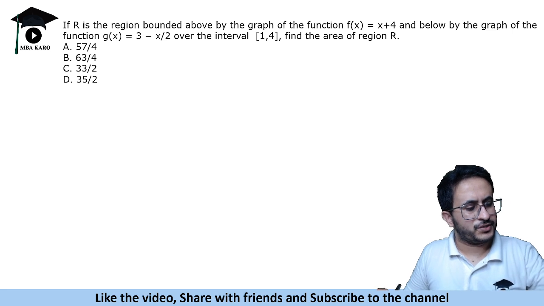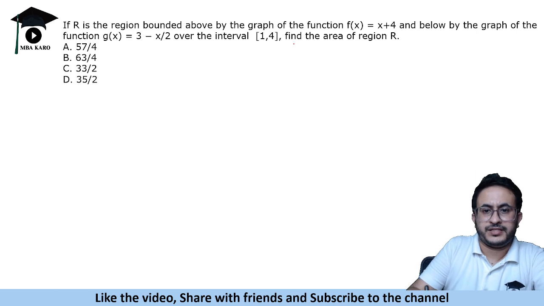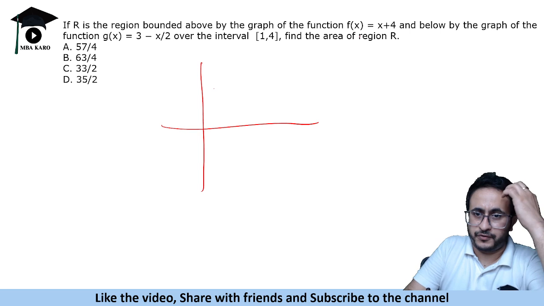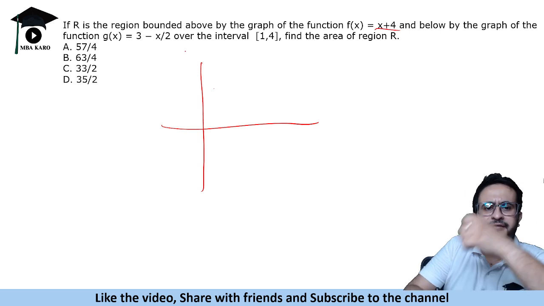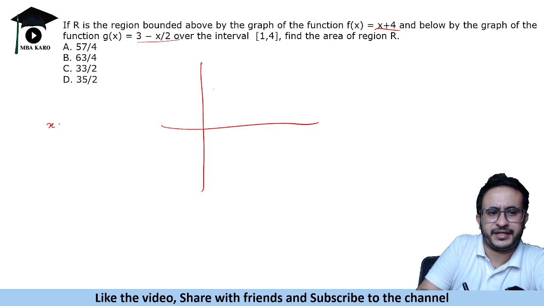Alright, so let's look at these values. What will we get? So fx is x plus 4, and gx is 3 minus x by 2. So we will solve this equation: x plus 4 is equal to 3 minus x upon 2.